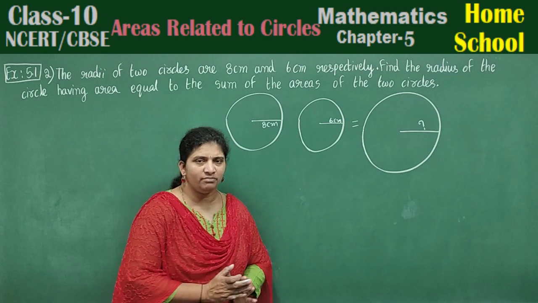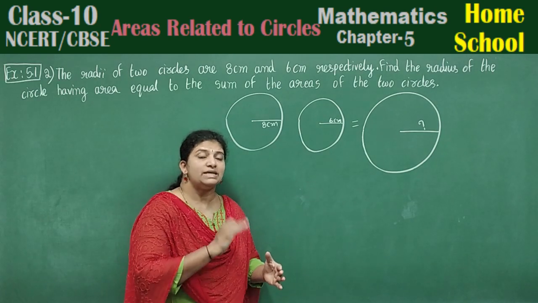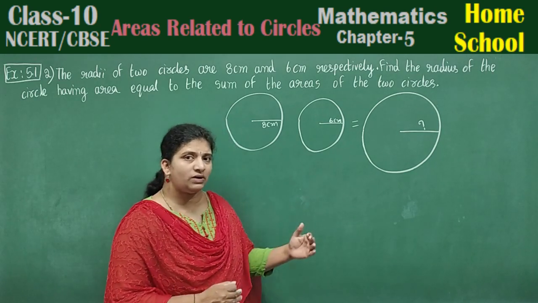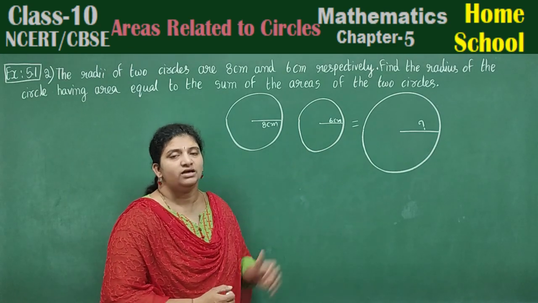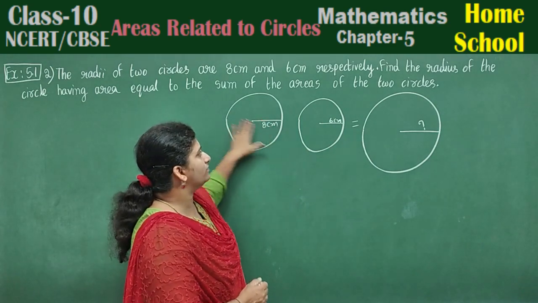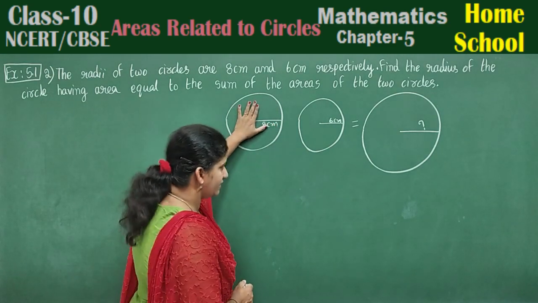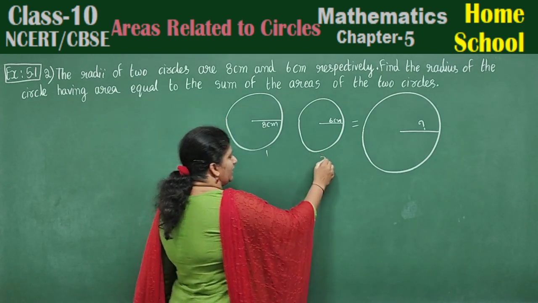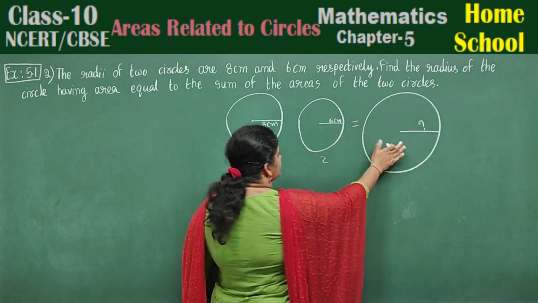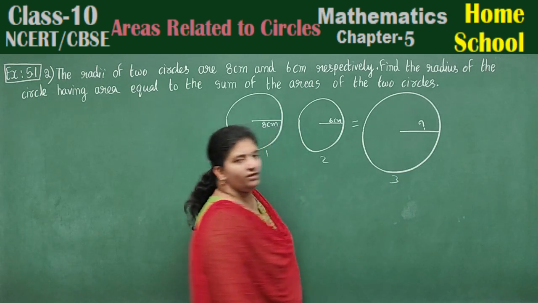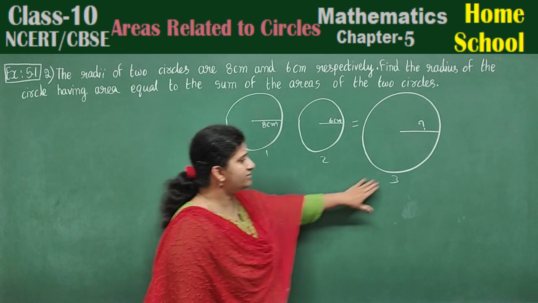Understand the problem here. In the previous problem we saw that the sum of the circumferences is equal to the new circle's circumference. Now, the complete area of the first circle and the complete area of the second circle is equal to the area of the third circle, or you can say the new circle.